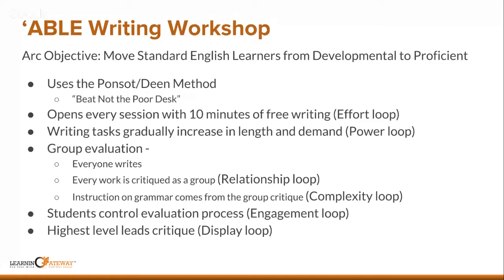So students decide when they believe they've produced a piece of writing that demonstrates this criteria. And again, that's what we mean by them controlling the evaluation process. When they believe that they have demonstrated, let's say, parallel structure, or they believe that they've demonstrated a strong sense of subject-verb agreement in a sentence, they present it, it's evaluated, and then it's checked off as a competence that they have.